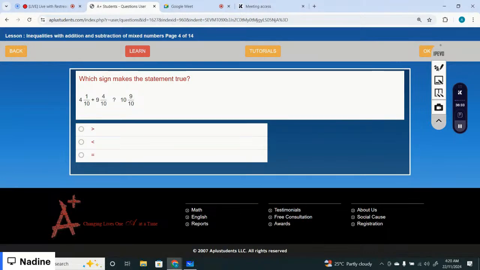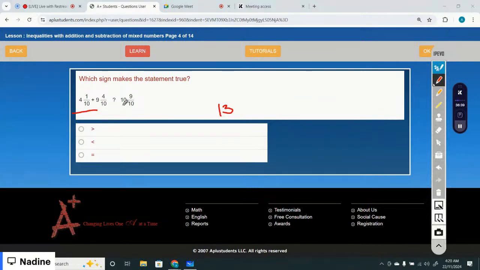If you look at the whole numbers, 9 plus 4 is 13, right? So here you have 13, the sum of the whole numbers, and here you have 10. 13 is greater than 10. So the correct option is greater than.